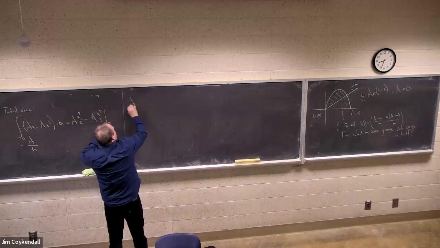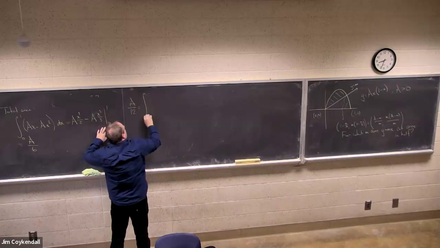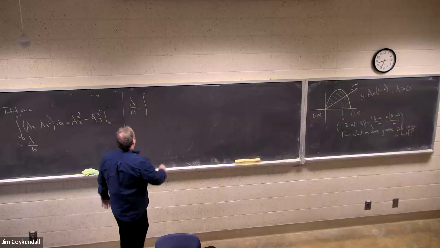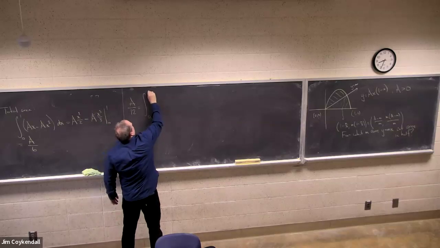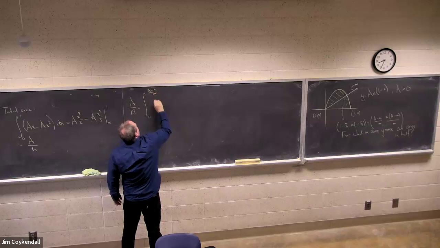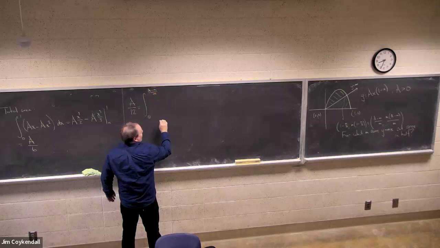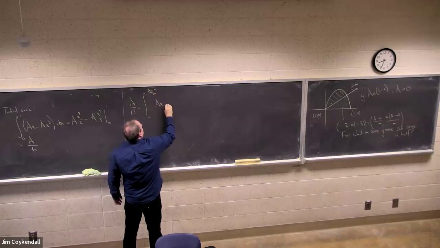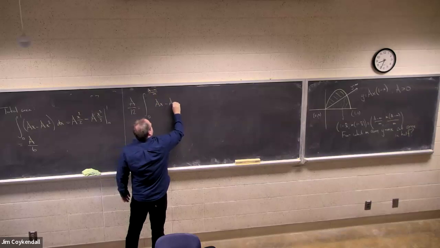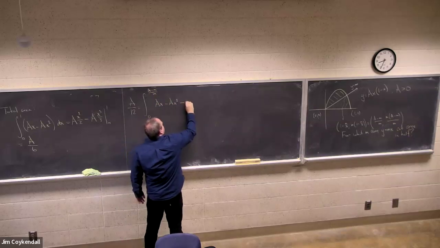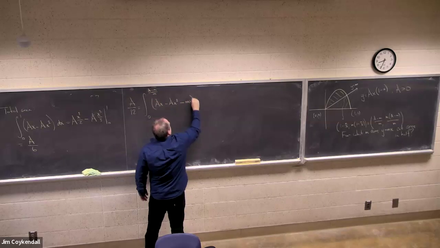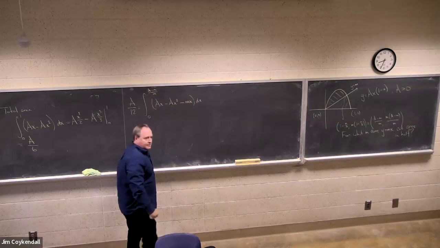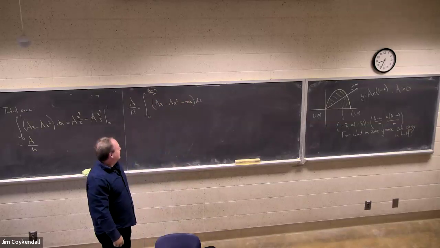So a over 12, you want to be the integral from 0 to (a minus m) over a of the top, which is the parabola, minus the bottom. Everybody agree with that?